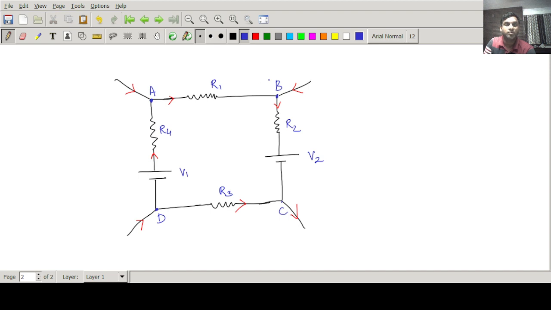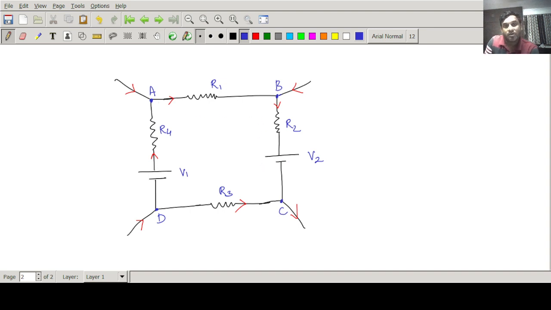In the circuit, you can see there are A, B, C, D. There are four junctions, you can say four nodes. In these four nodes, some current is coming and some current is going. There are four resistors R1, R2, R3, and R4, and two batteries are connected.